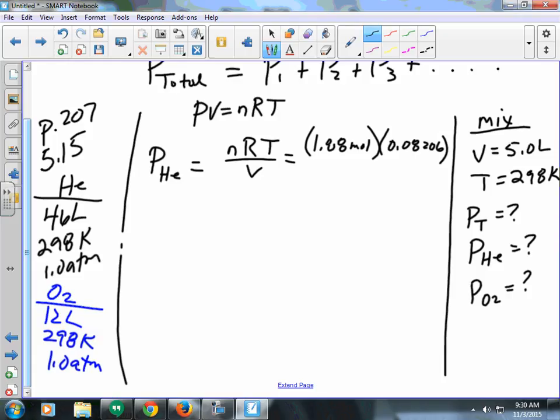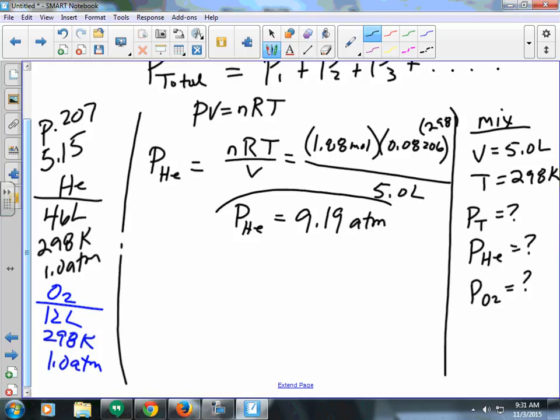Our temperature is still 298, all over our new volume, 5 liters. So this is called the partial pressure of helium. You punch it in and 9.19. Yeah. That's atmospheres, right?